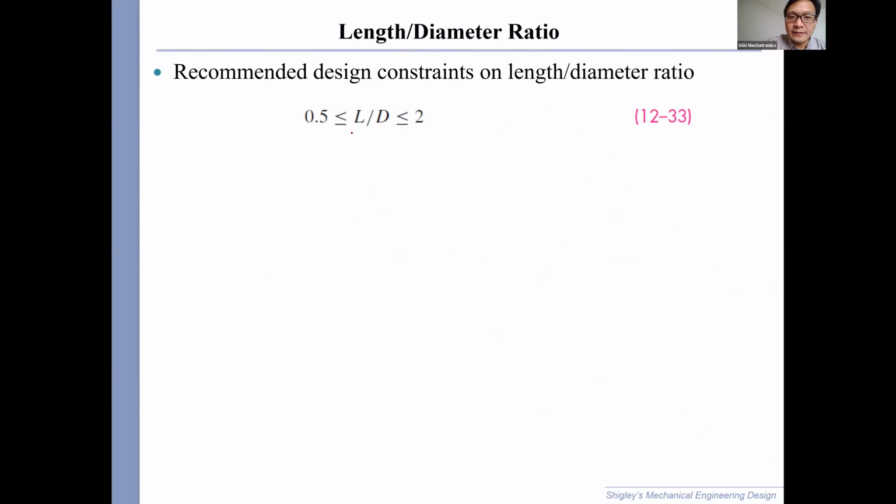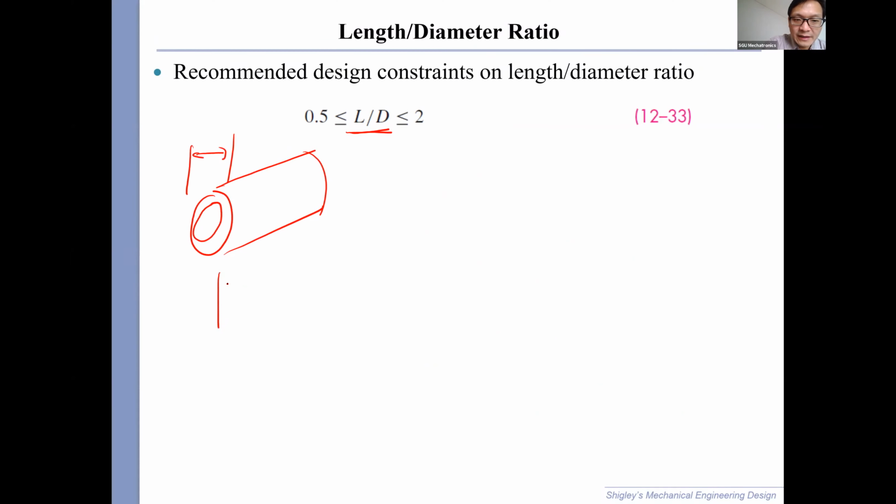L over D. If you think of a bushing, this is the diameter D. I really should draw it on the other side.